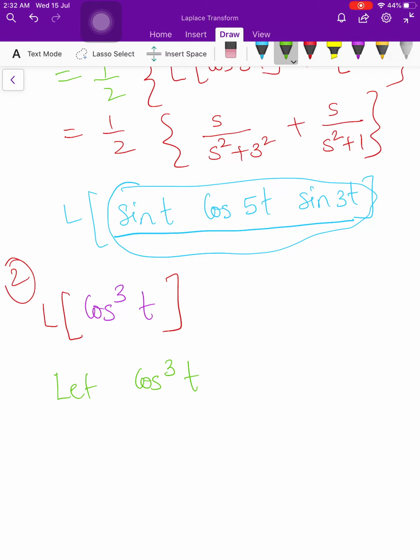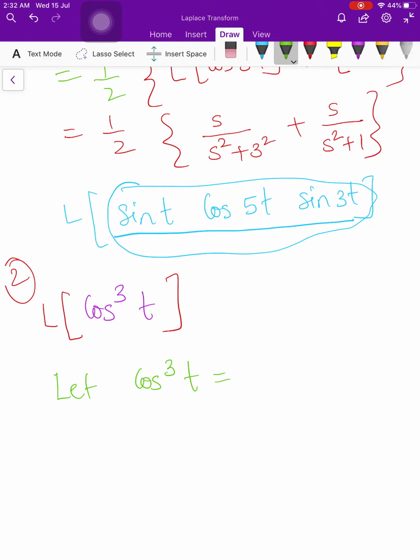Here you can use the same concept of converting it into exponential form, and then use the expansion of cos raised to n theta and sin raised to n theta. These concepts you have already learned in semester 1 mathematics. The same concepts you can use, or you can simply use the trigonometric formula.